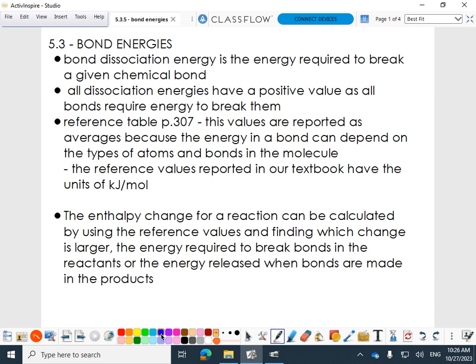I was helping somebody in biology and they had talked about Gibbs free energy. Even when you do enthalpy change, the chaos in a reaction, or the entropy, sometimes affects how much energy is released or absorbed. So we're really just scratching the surface of thermochemistry.